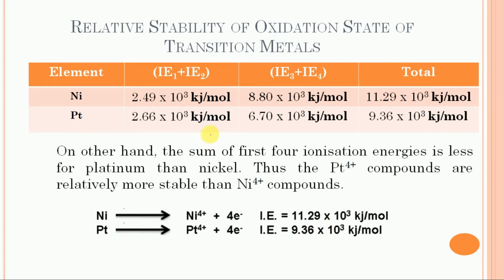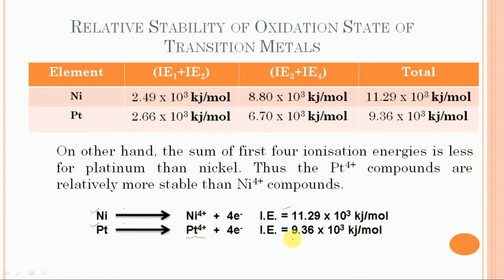On the other hand, the sum of the first four ionization energies is less for platinum than nickel. When nickel changes to nickel 4+, the ionization energy is 11.29 × 10^3 kJ per mole, while when platinum changes to platinum 4+, the ionization energy is 9.36 × 10^3 kJ per mole.